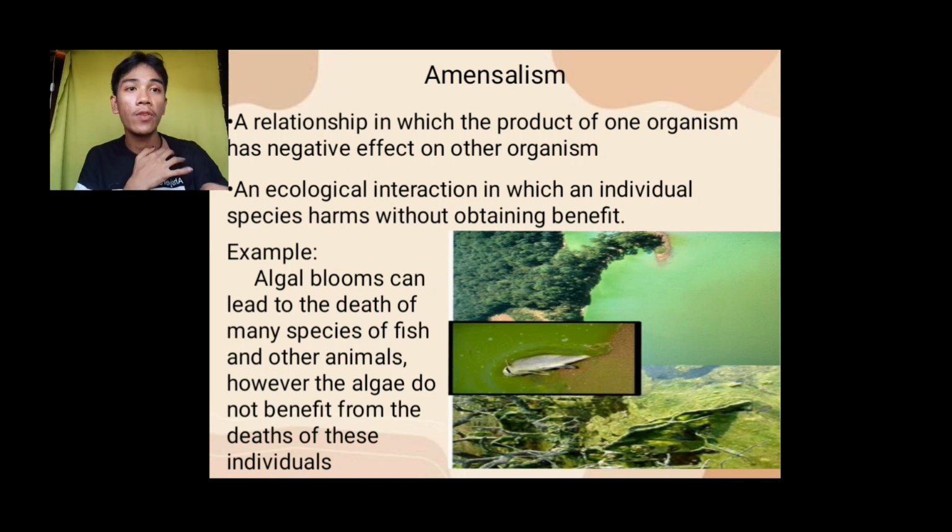Kagaya nito, ang daming lumot. Siyempre sa dami ng lumot, yung mga animals hindi na masyado nakakainom ng tubig doon sa particular na lugar na yon, and dahil doon namamatay sa uhaw. Tapos kapag namatay naman yon, yung lumot hindi siya nakakakuha ng benefit from that organism na namatay. That is the amensalism.